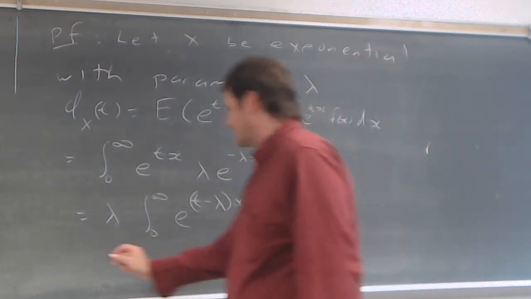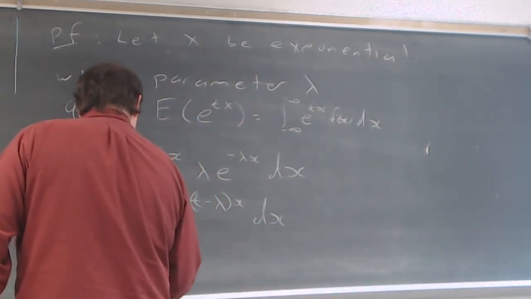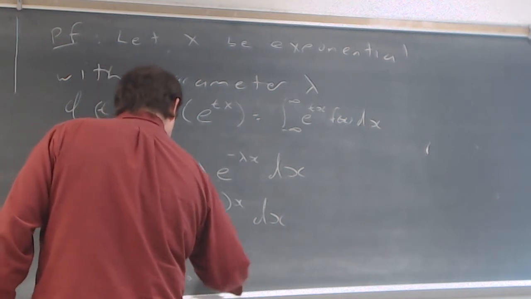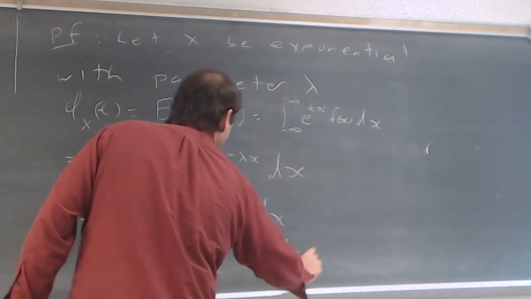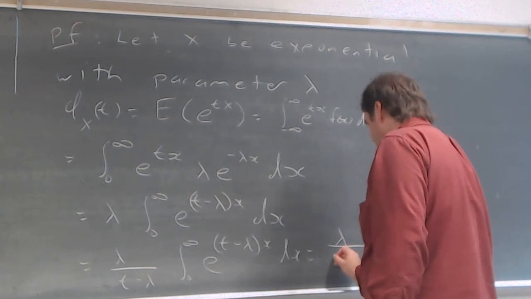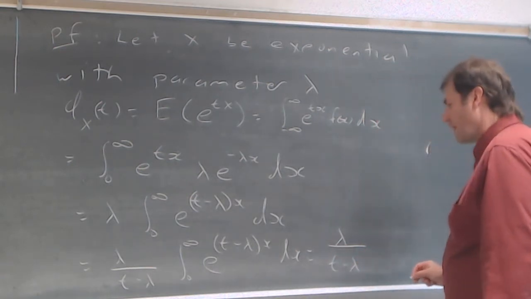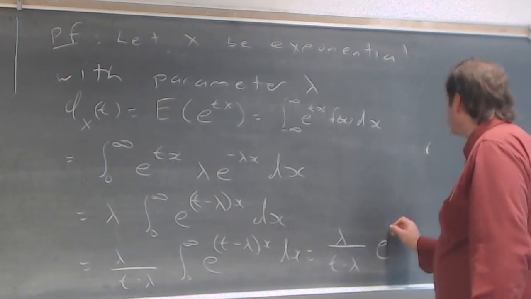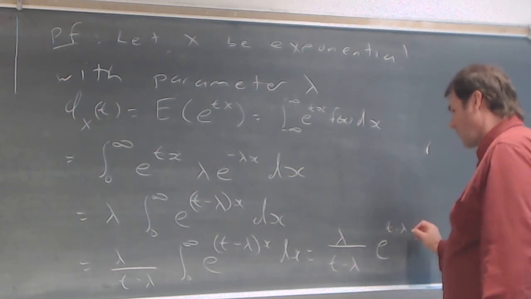So I'll rewrite this as lambda over (t minus lambda), integral from 0 to infinity of e to the (t minus lambda) times x, times (t minus lambda) dx.